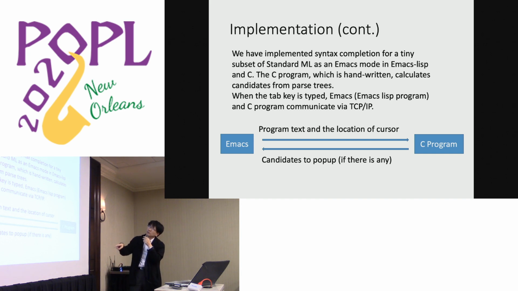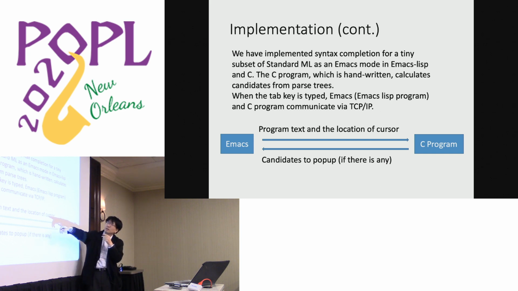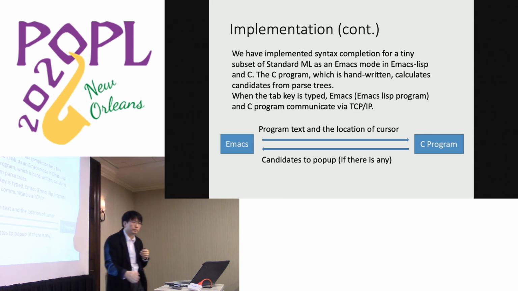When the tab key is typed at the cursor position, Emacs and the C program communicate via TCP/IP like this. Emacs sends the whole program text up to the cursor position and the location of the cursor, and then the candidates to be popped up are returned to Emacs.